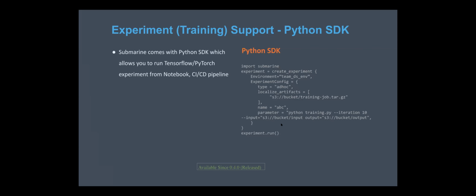Yeah, and this is experiment training support. We have a Python SDK to allow you to easily run experiments from your notebook, from your CI/CD pipeline, or from your command line. So it is pretty simple. You import the Submarine library and create the experiment, and you specify an environment profile to use, which includes the Docker image and the Conda image.